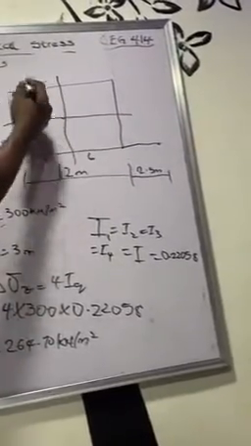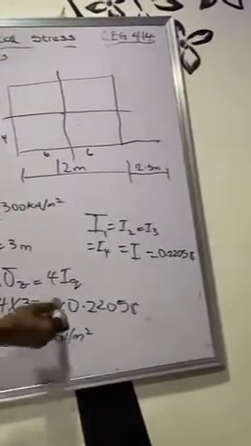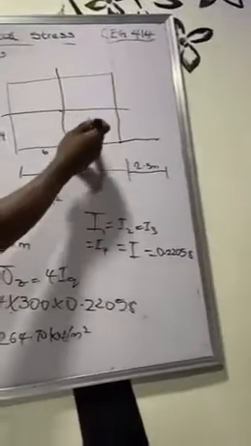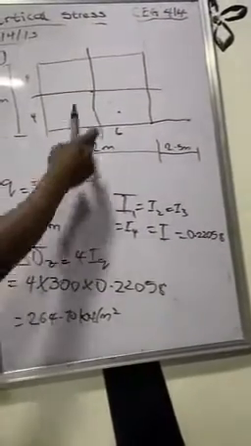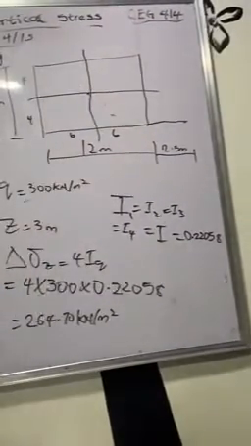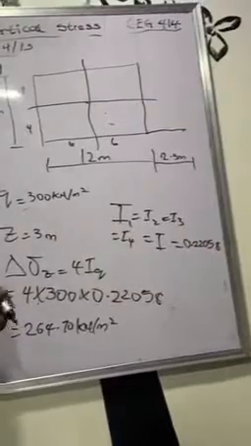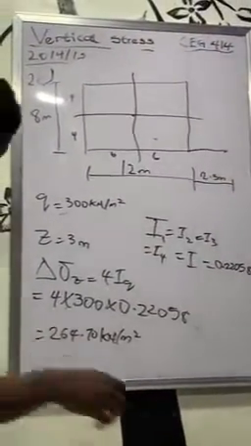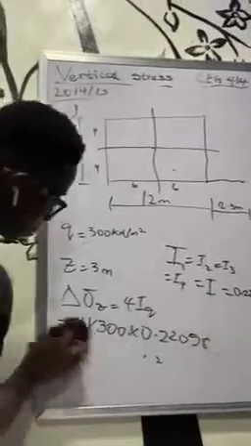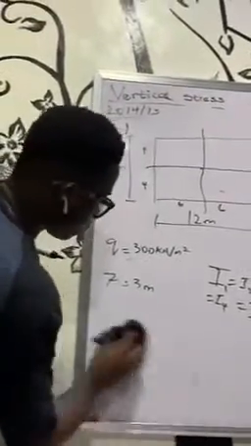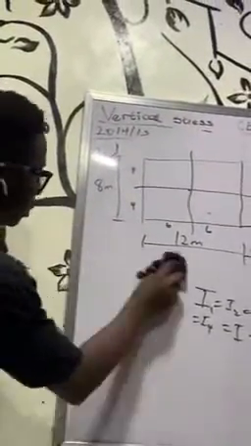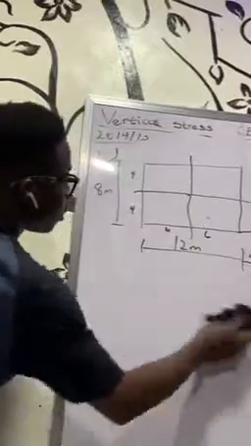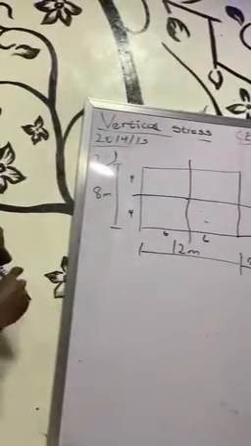At the center line, 4 rectangles of the same dimension, 4IQ. If it was at a different point, you would do it differently, but now at the center, with 4 equal rectangles, we found our M and N, we found the influence factor, and we did this. So the second part of the question, which is the final one I'll be solving, is at a point 2.5 meter from the long edge.